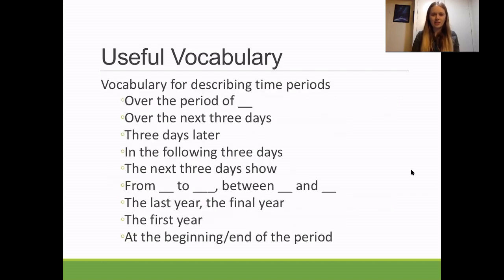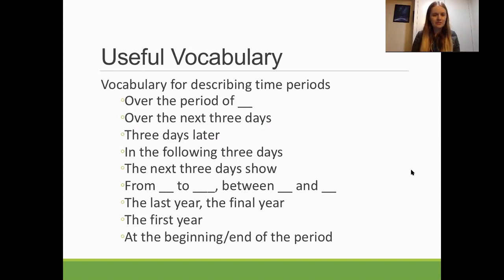You could also be talking about time periods. So you can say over the period of 10 years or 5 days. It might be days or hours or minutes or years or decades. You don't know what the information will be. Over the next 3 days, so you could be talking about something and then saying over the following 3 days or the next 3 days. 3 days later, I'm using days a lot here, but of course it could be minutes or hours or years.